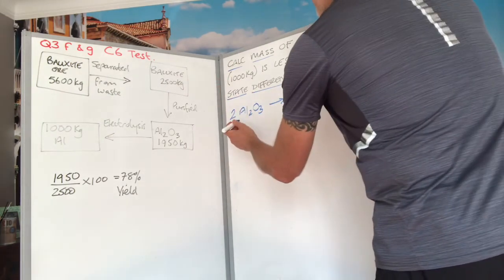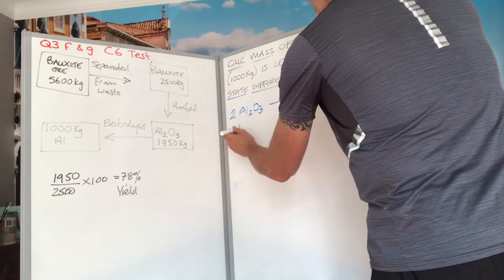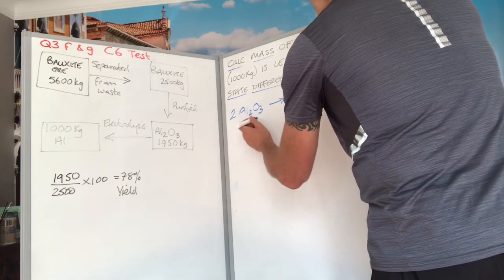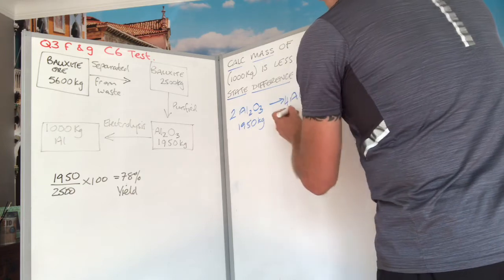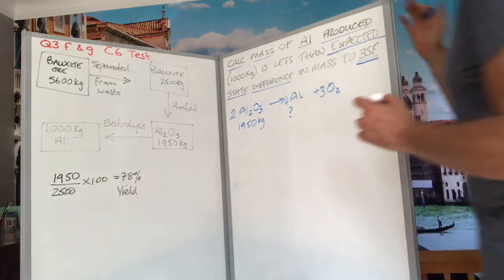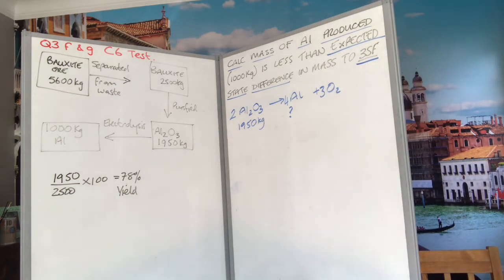First thing we then do is write our information in. We've got 1,950 kilograms of that, and we want to know what the theoretical yield is of that.